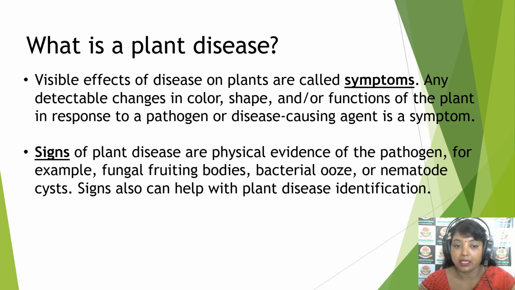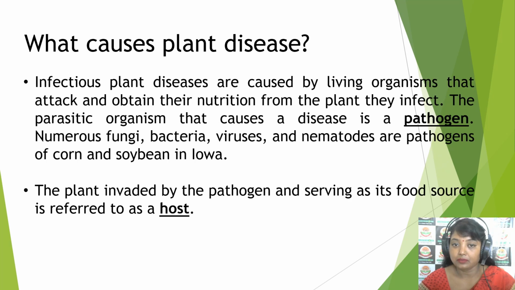Signs of plant disease are the physical evidence of the pathogen, for example fungal fruiting bodies, bacterial ooze or nematode cysts. Signs can also help with plant disease identification. Now we will see the different agents by which diseases are caused in plants.